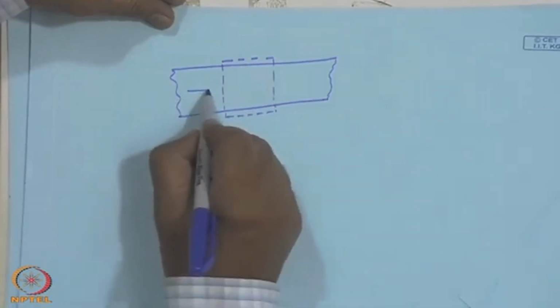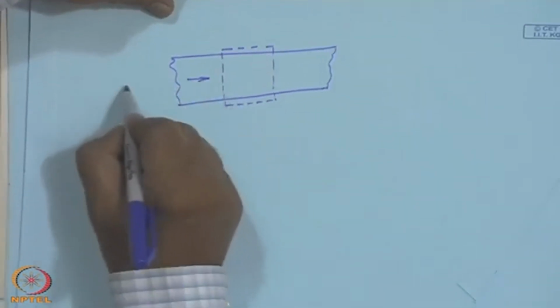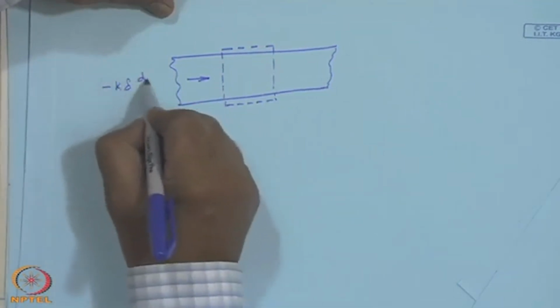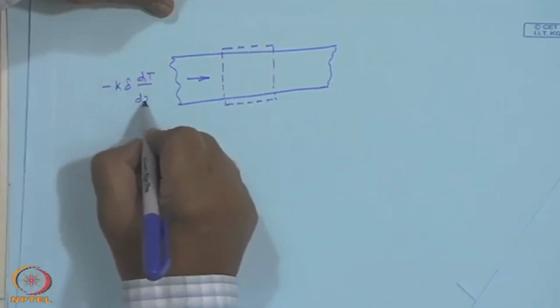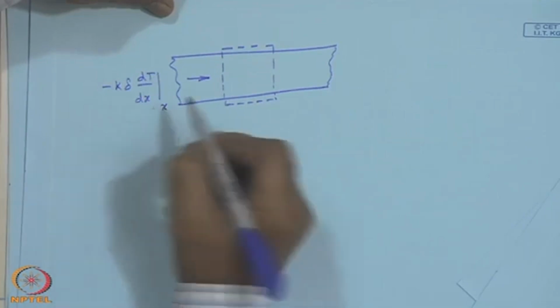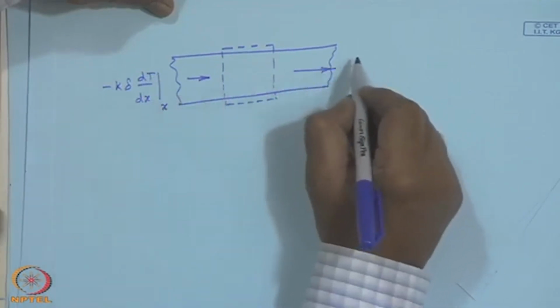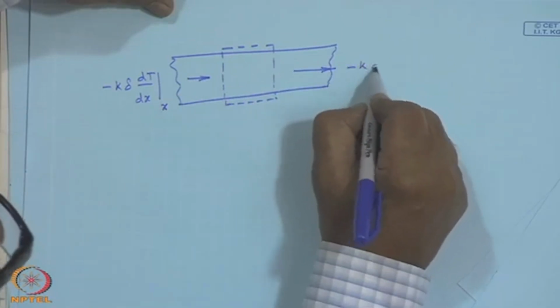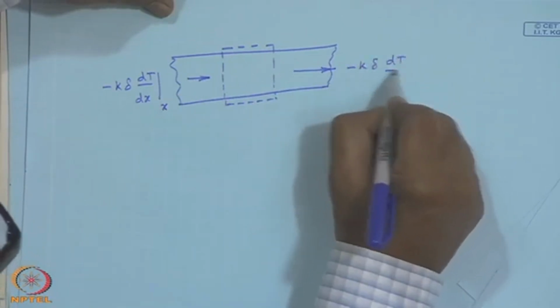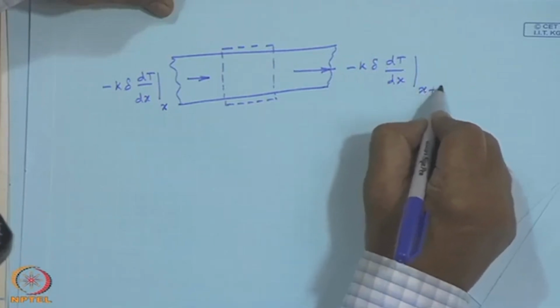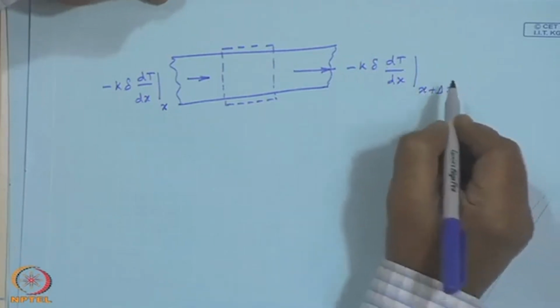Here enters minus k delta dT by dx at x, and what goes out is minus k delta dT by dx at x plus delta x.